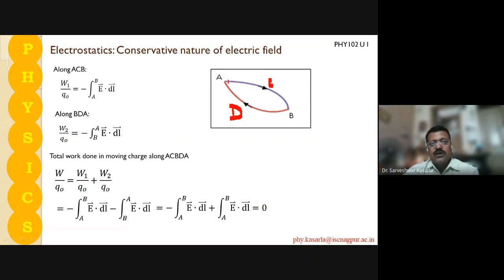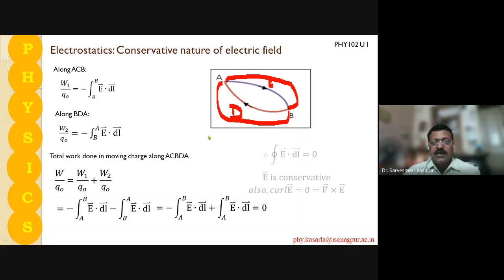So the total work done in bringing unit positive charge in a closed path is always equal to 0. If you consider any path, the total work done will be equal to 0.